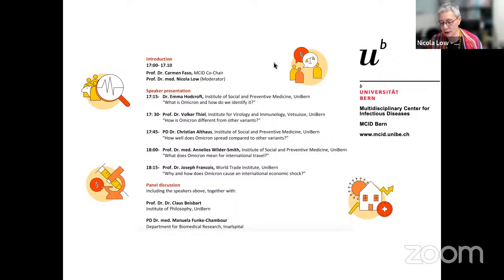The emerging diseases that Christian works on include Ebola, MERS, and COVID now. In 2020, he was a member of the Swiss National COVID-19 Science Task Force, and Christian is also very active on Twitter and in the Swiss and international media. So thank you, Christian, for agreeing to give us a talk on how well does Omicron spread compared with other variants.